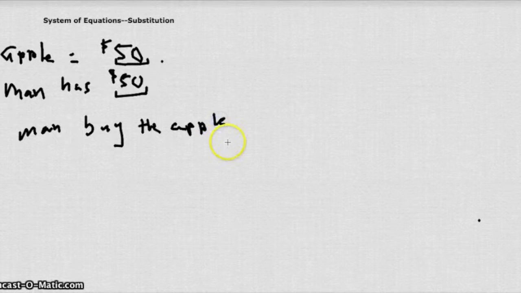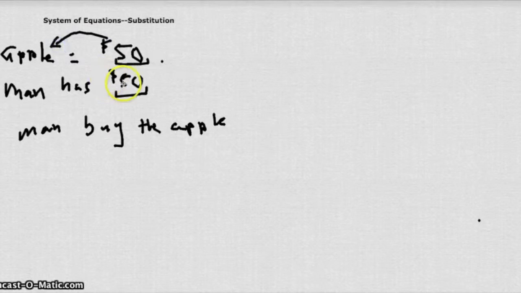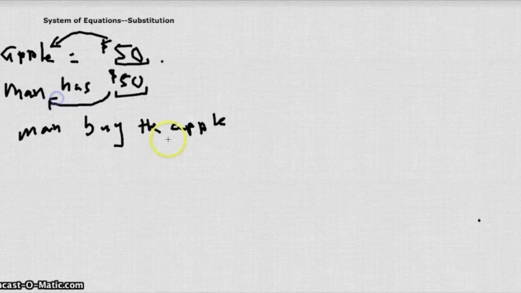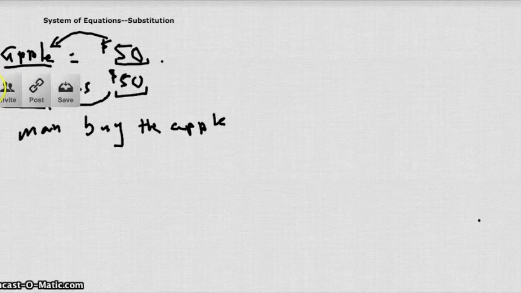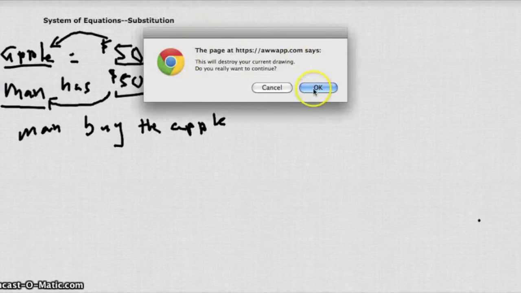This is the principle of substitution: if one thing is equal to something else and another thing, that exact same thing, is equal to another thing, then this must equal that, okay? And that is the basis for substitution. So let's take a look at a direct example.